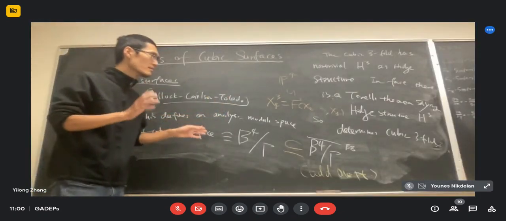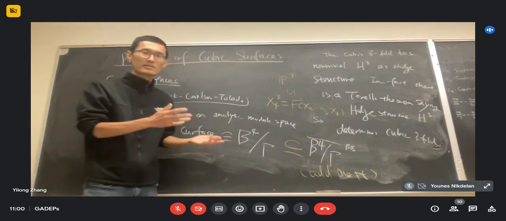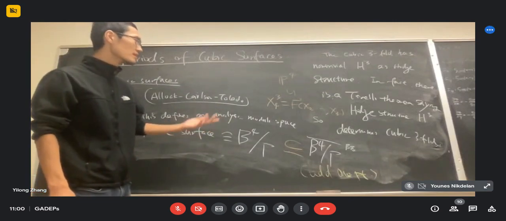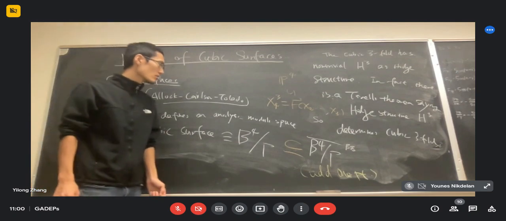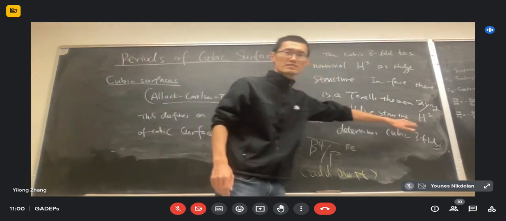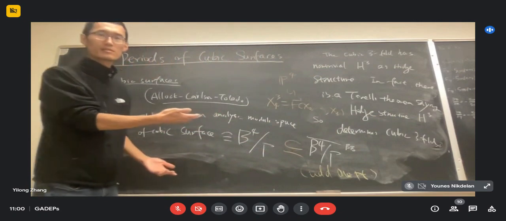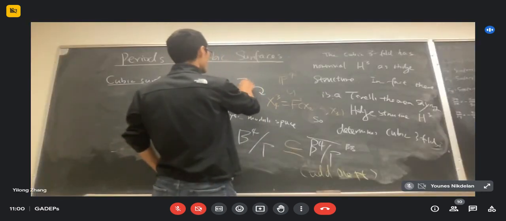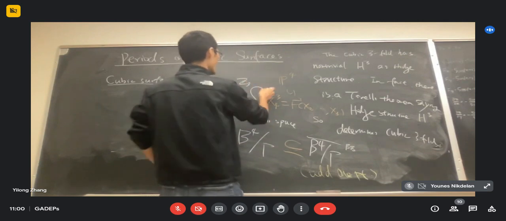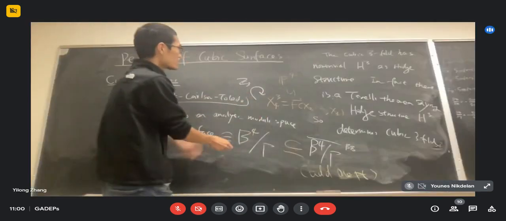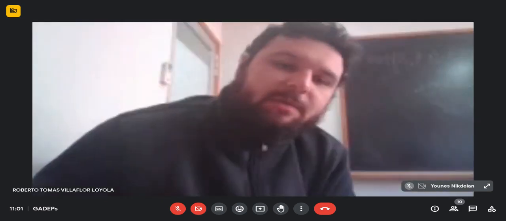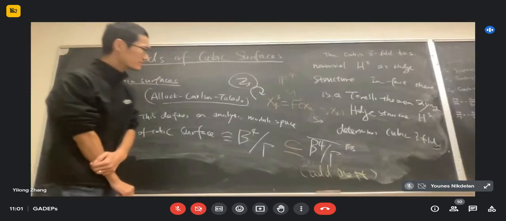You can think of it as another version of Hodge decomposition with group action, and they associate a subspace of this which uniquely parameterizes the cubic surface. But this group action is coming from the covering? Yes, this is the cyclic cover. Sorry, I should have said that. Okay, thank you. No problem.